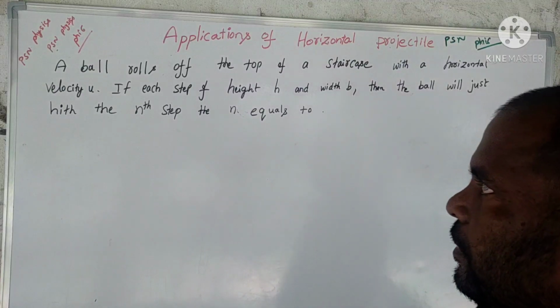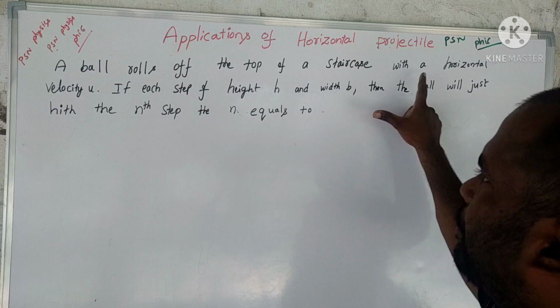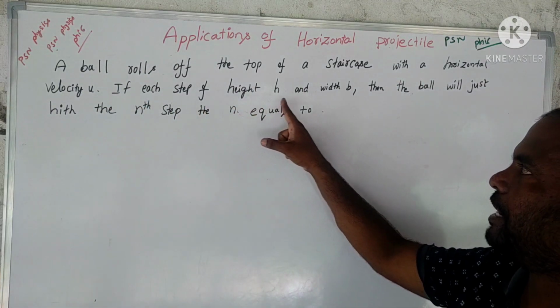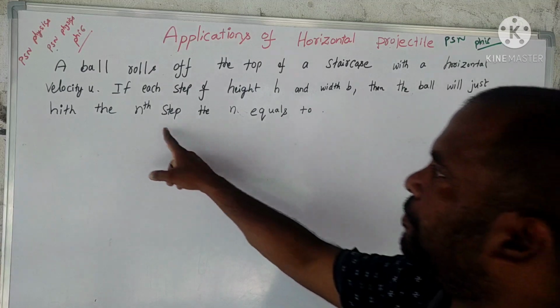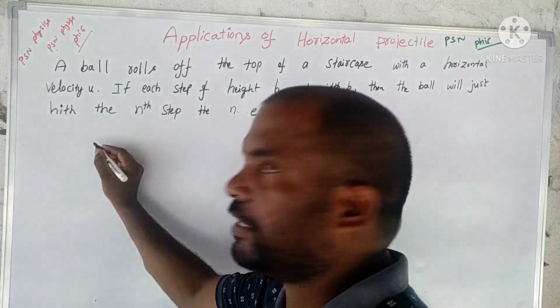In this numerical, a ball rolls off the top of a staircase with a horizontal velocity u. If each step has height h and width b, and the ball just hits the nth step, then n is equal to what? Suppose I draw the diagram.